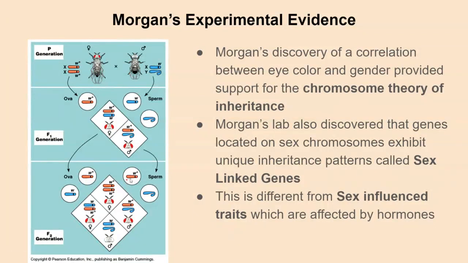But if we cross the F2 generation, then we will start to see that white pop up again, because we're inheriting it from the male and the female at the same time.